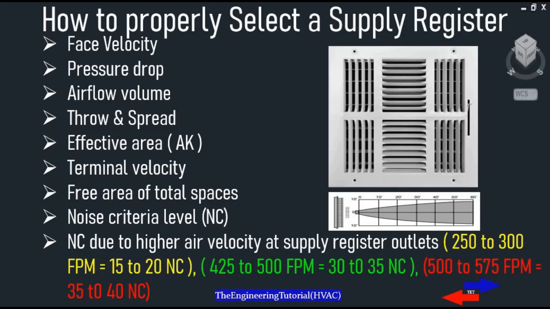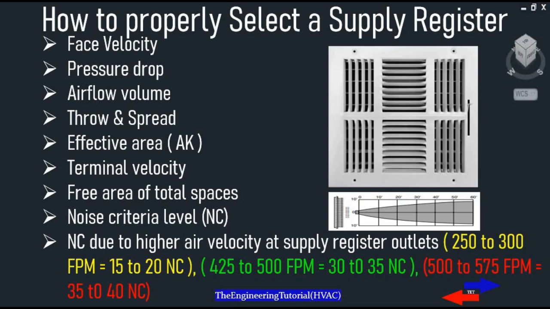The seventh one is the free area, the total of spaces measured in square inches between vents, so we don't get confused. This is different from effective area or correction factor, which is determined in a laboratory through airflow measurement and actual opening between vents.